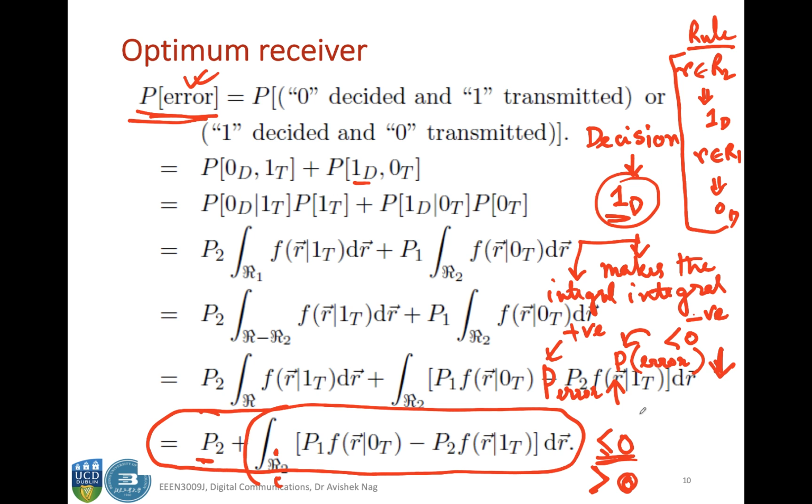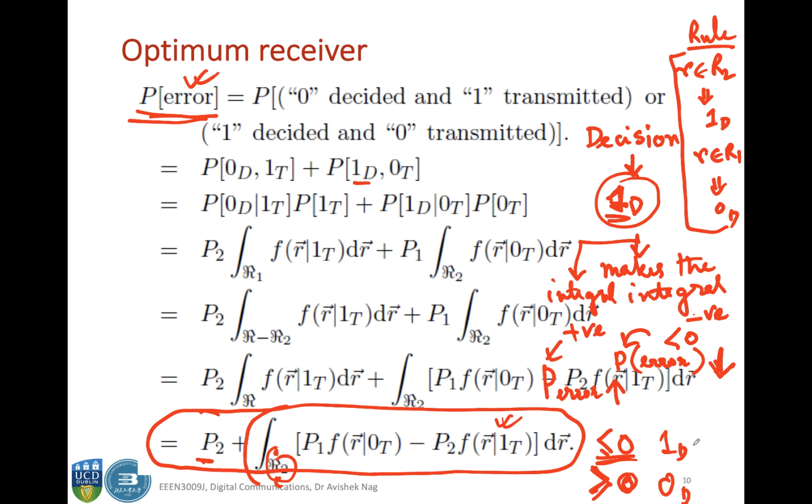So in that case, your decision has to be changed. You cannot decide 1 if this is increasing, because this increasing means the probability of error is getting increased, which you don't want. So you have to change your decision, and decide that it was actually 0. So if this integral is negative, then you decide 1, which is fine based on the fact that you are observing the points on R2.